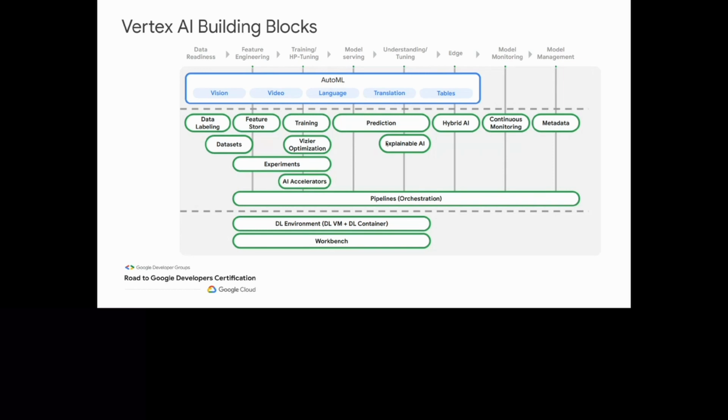Data labeling, for instance: Google has their own system to label the data, and if you start working on it, you realize that labeling and annotating the data is the most expensive part of it. So Google has both automated and in-house people to help you with the labeling, and it does give you a lot of new ideas with the feature store. So they basically give you a lot of information on how to do feature engineering.